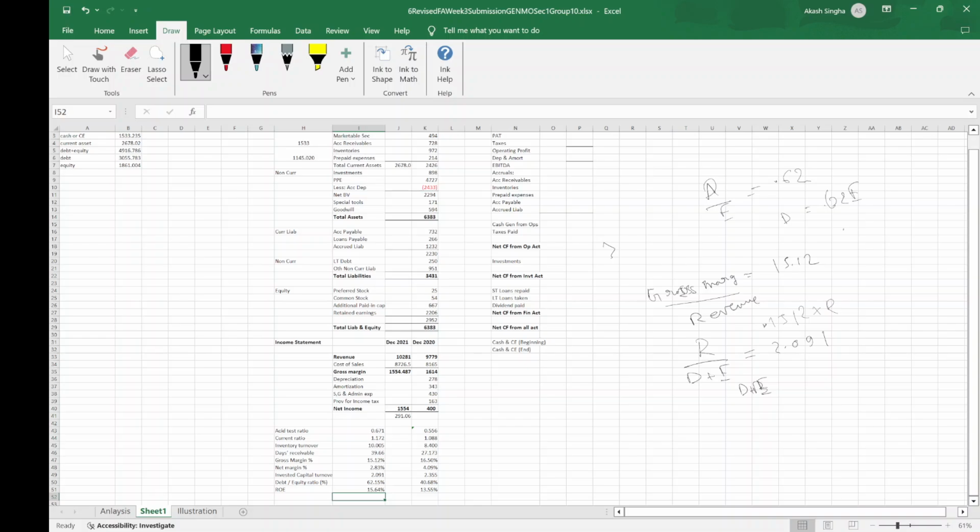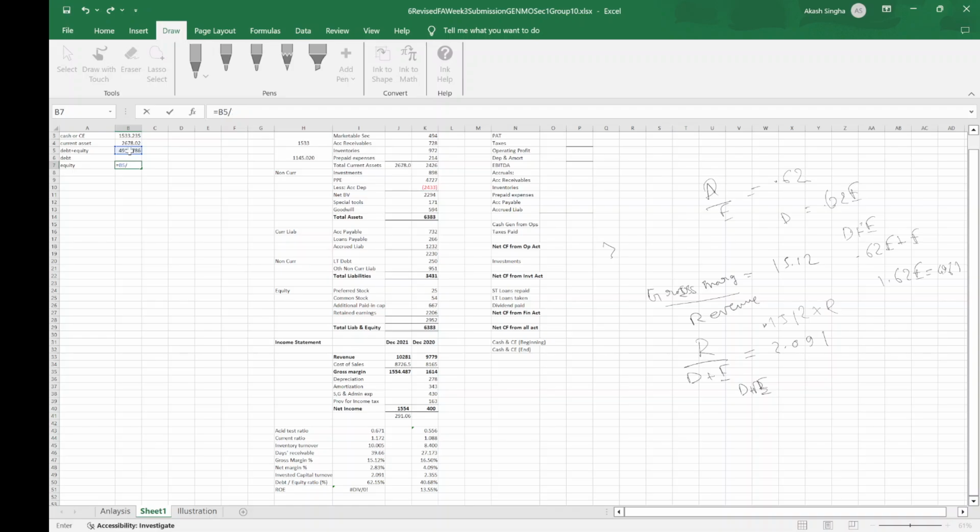So debt plus equity equals 0.62 equity plus equity. So 1.62 equity, which is given that 4961. So total equity should be, sorry, this is wrong. This is also wrong. Total equity should be this by 1.62, 0.15.